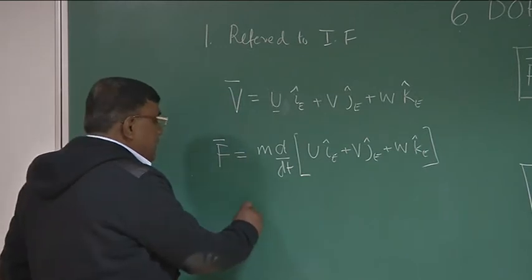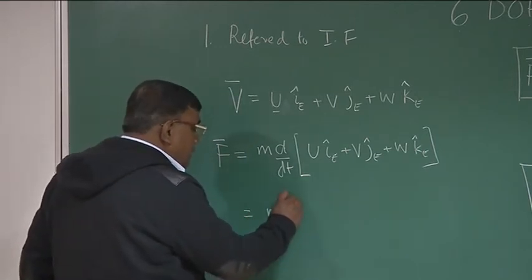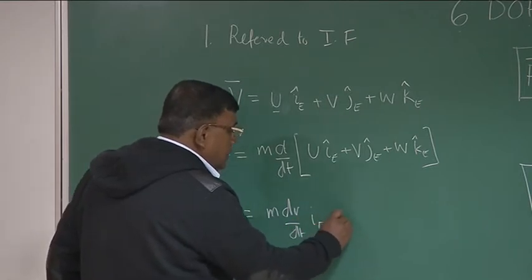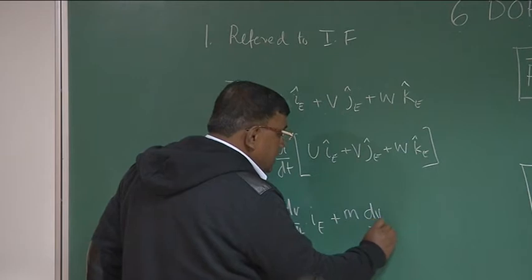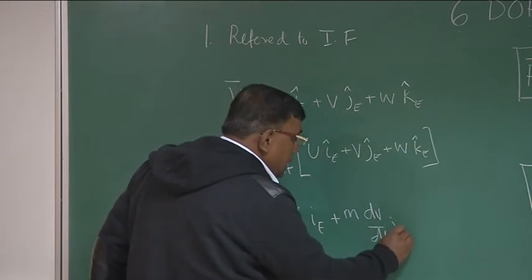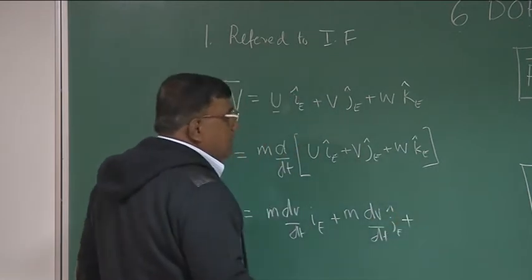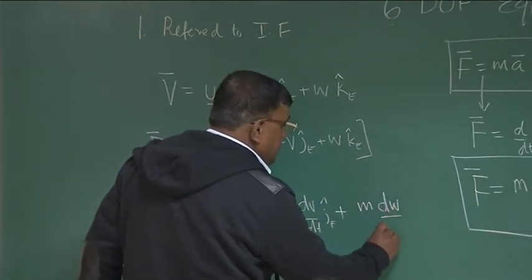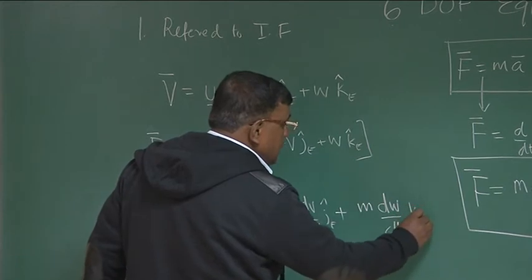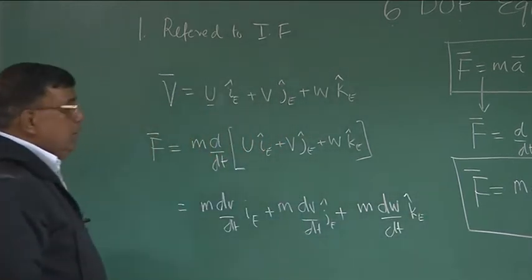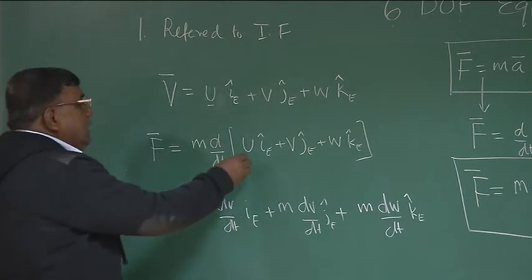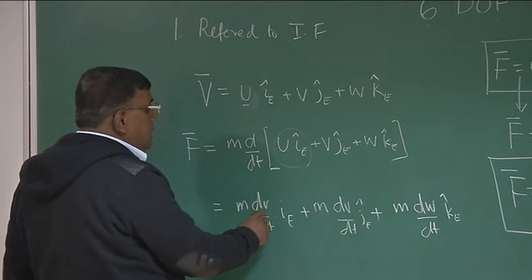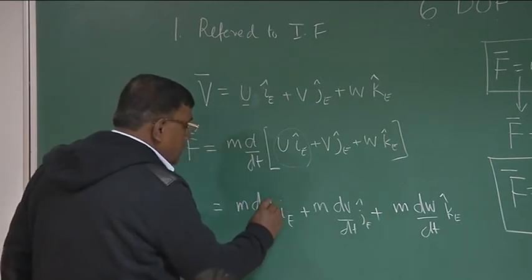Now, if I take the derivative, I get m du by dt into iE plus m dv by dt into jE direction plus m dw by dt in kE direction. Please see here, when I was taking the first term derivative, ideally it should be m du by dt iE plus u diE by dt.